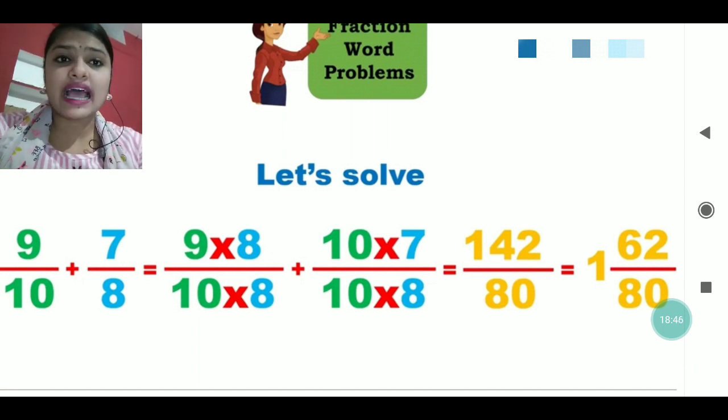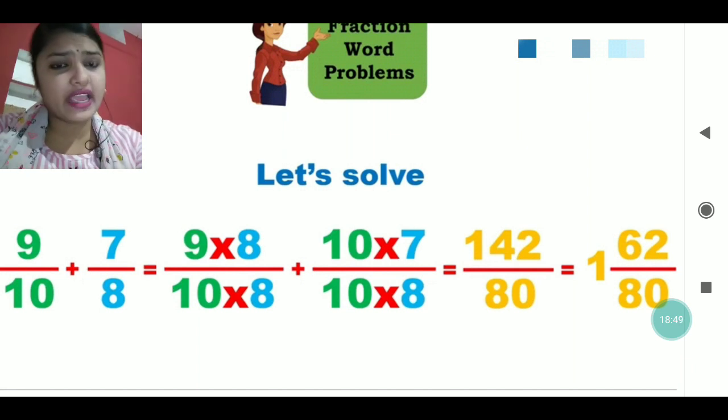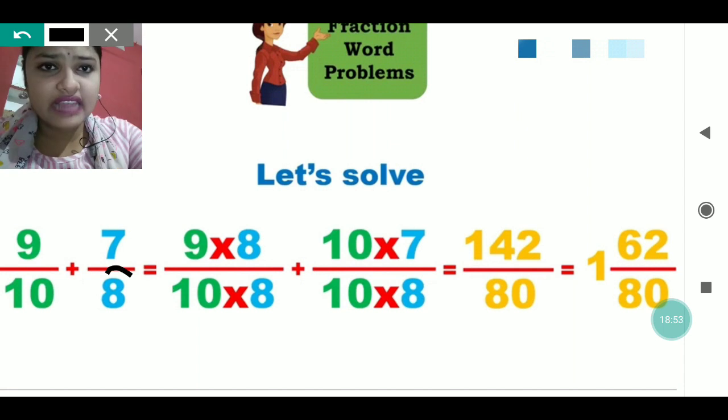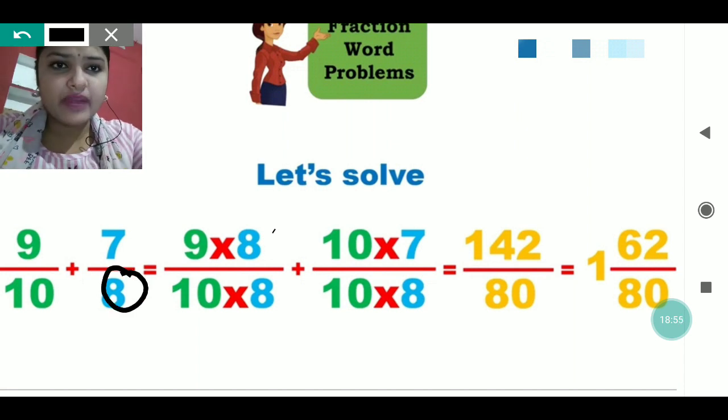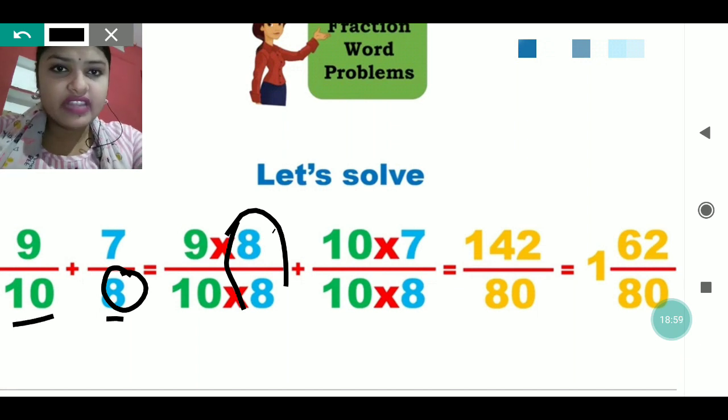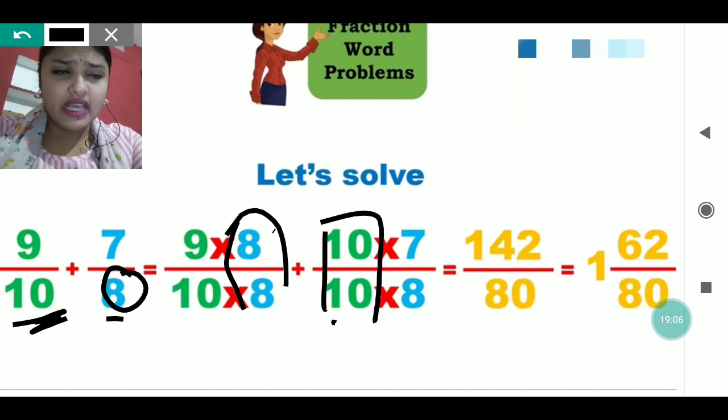So what we have done, 9 by 10 into 8 by 8, means with whatever the denominator is, we have multiplied both upside and downside. Then the numerator and denominator we have written both the same.